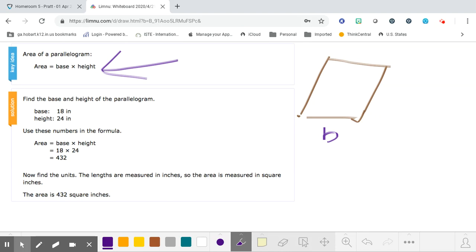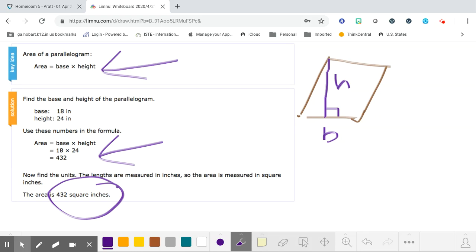What you would do is go right here in the corner, draw a line, and make a right angle. Okay, now you have your height. So our base is 18 inches and our height is 24 inches. So what we would do is just multiply them together to get 432 square inches.